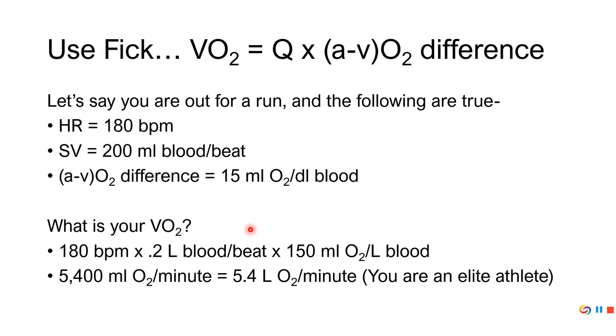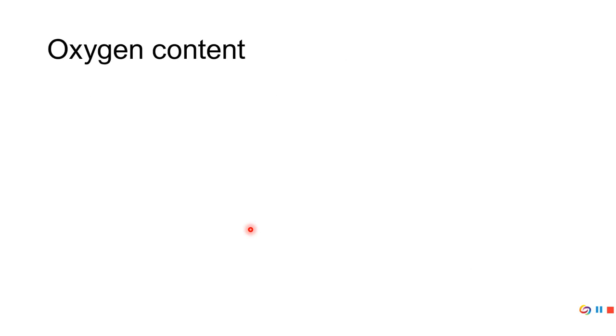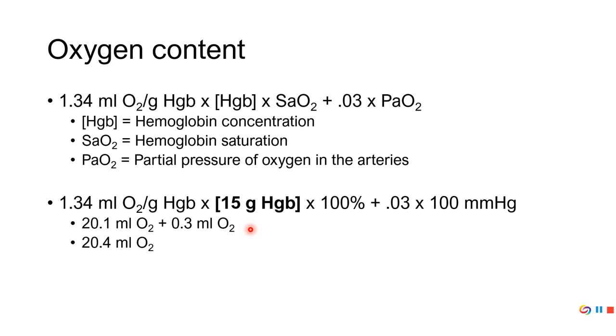All right, so when it comes to this, we need to take into account oxygen content. The equation for that is 1.34 milliliters of oxygen per gram of hemoglobin times the concentration of hemoglobin times the saturation of hemoglobin plus 0.03 times the partial pressure of oxygen in your arteries.